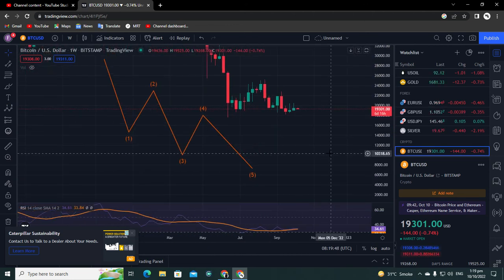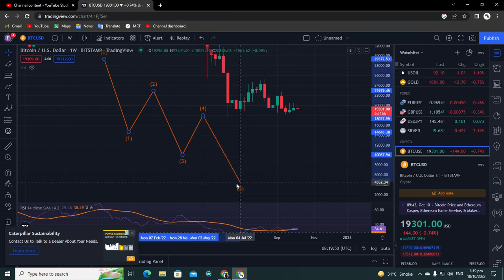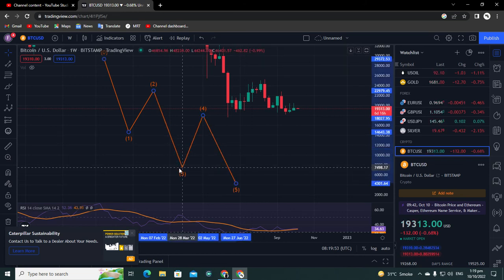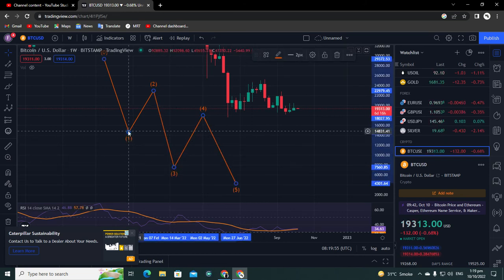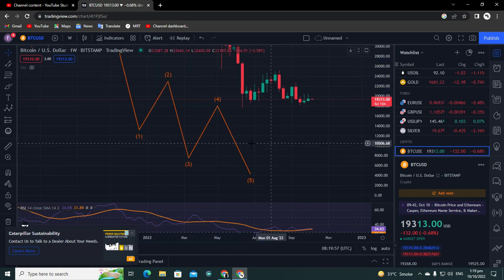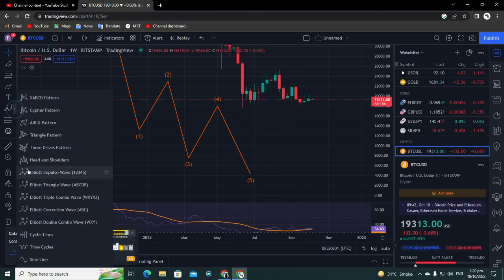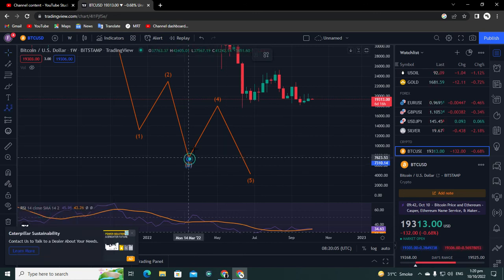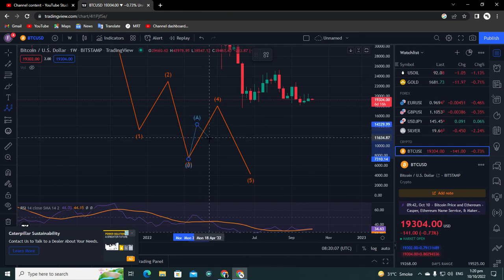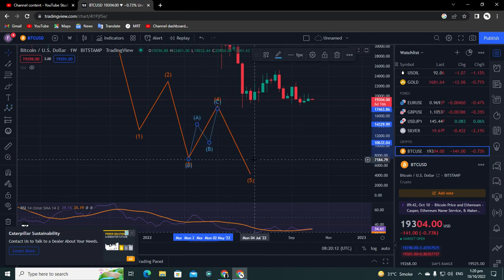I'm having trouble drawing this, but let me correct it a bit this way. Yeah, look like this. And the correction wave is the one which is upward. So the Elliott correction wave will look like this: upward, again downward, and again upward. This will be the correction wave if we go downward.